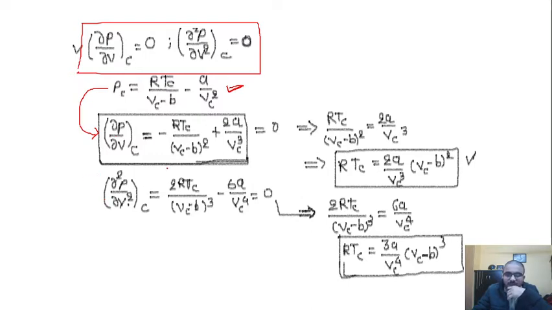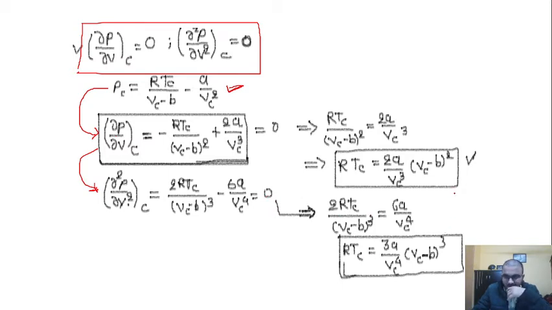Continuing from here, the second derivative gives us 2RTC divided by (VC minus B) cube minus 6A upon VC raised to 4 equal to 0. And here also we can equate this.